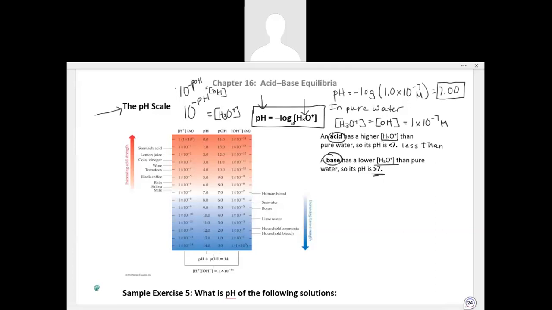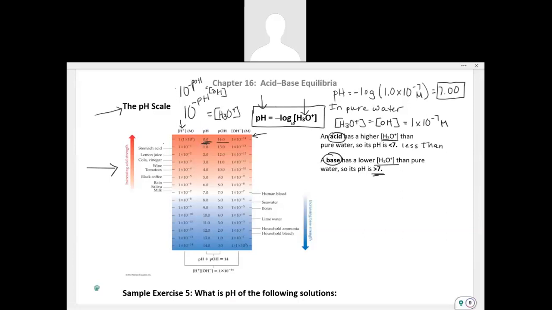In this table over here, we're also given some common reference points as far as hydroxide ion concentration goes, the pH associated with it, and also the pOH associated with that value. And then we would also know, by extension, the hydroxide ion concentration.